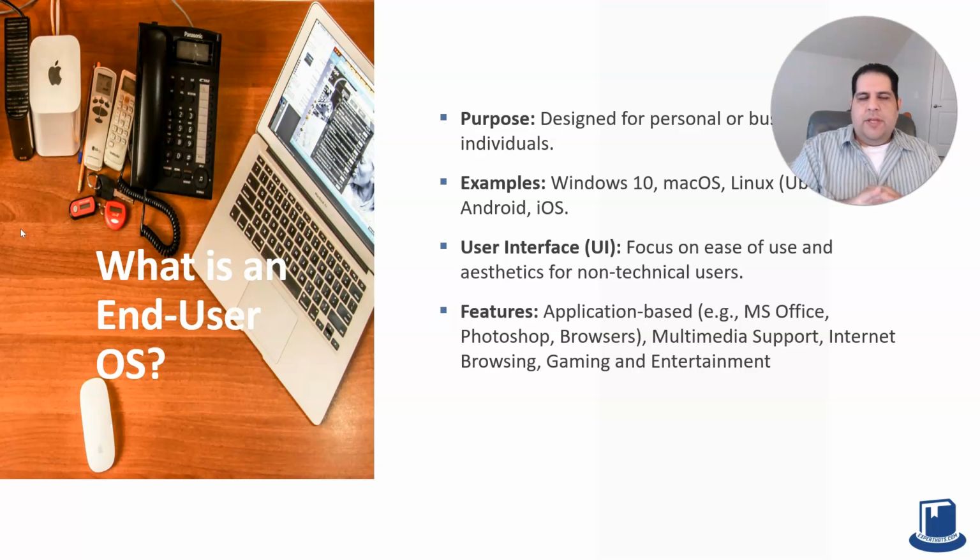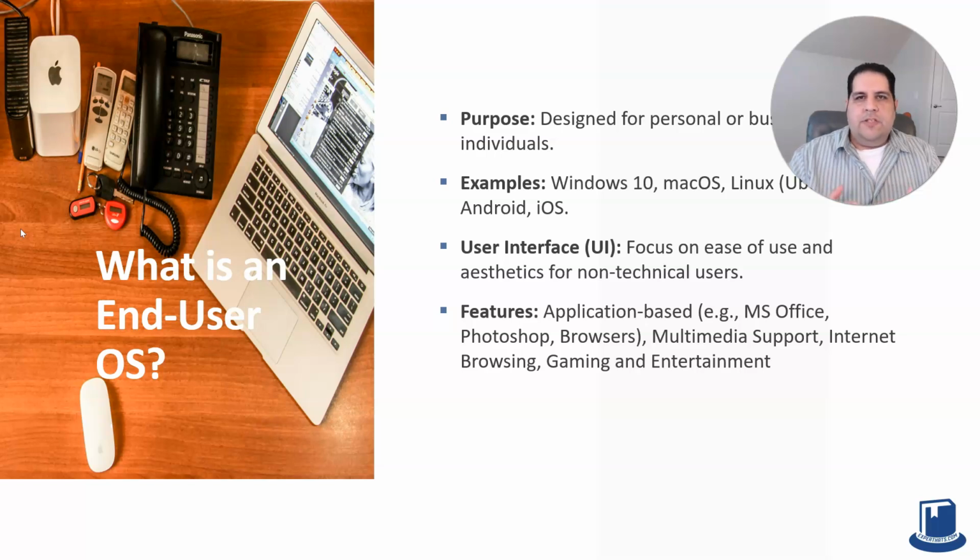For example, an end user operating system is designed for either personal or business use, but usually to be used by a single individual. Or in cases like a hospital system, maybe there's one computer that multiple people log in to, but they're only logged in one at a time, right? So it's kind of one for one from that perspective.